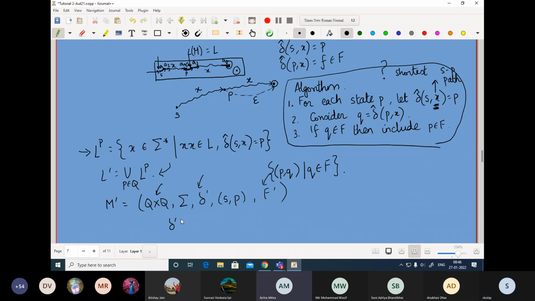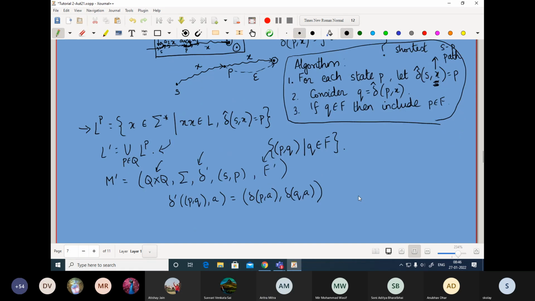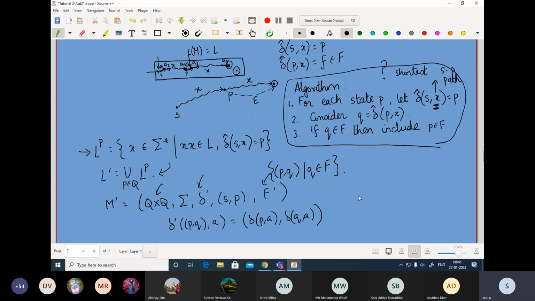Delta dash of P comma Q comma, let's say, A, just anything, A, will just be delta of P comma A, delta of Q comma A. Correct. Okay, so basically we are trying to capture the fact that whatever labeled transition we are taking in the first path, we want to do the same thing in the second path.